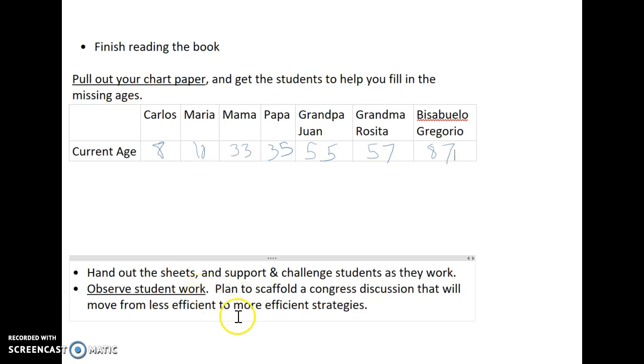You can step in and provide support or instruction or challenges as appropriate, but mostly just prompt them to use number lines if they get stuck, and to show their thinking using the open number lines, and observe how they're working together. And that is the investigation that they're working through.